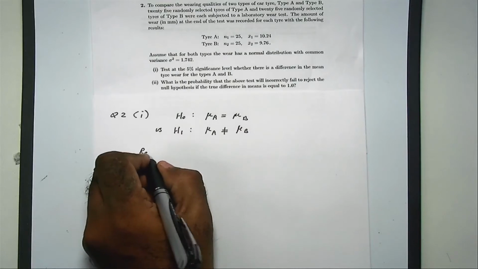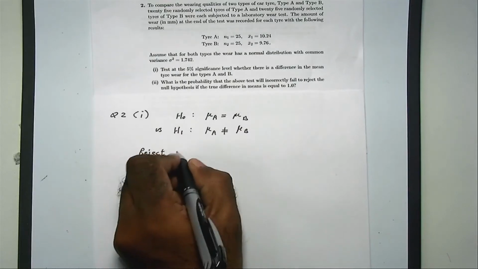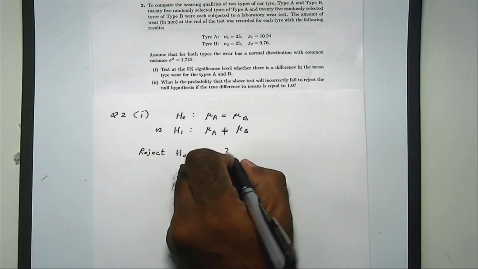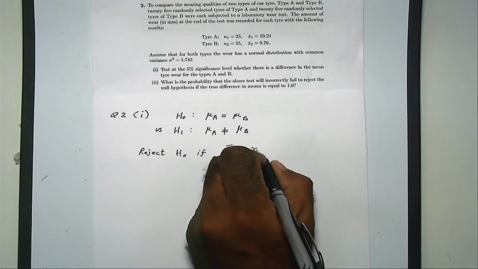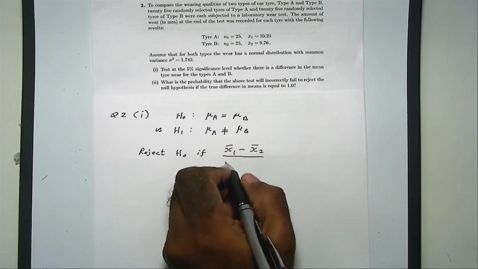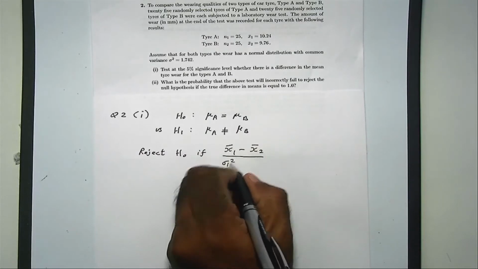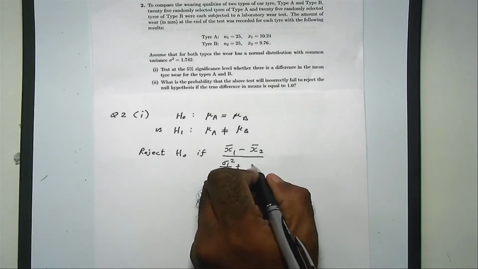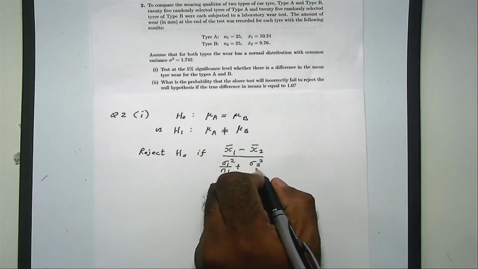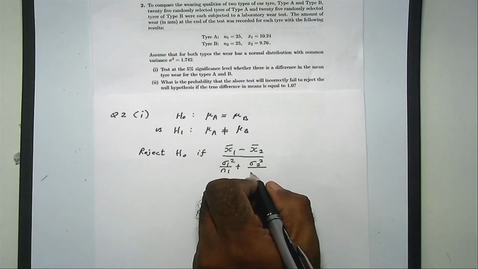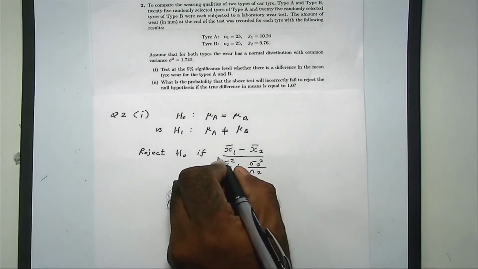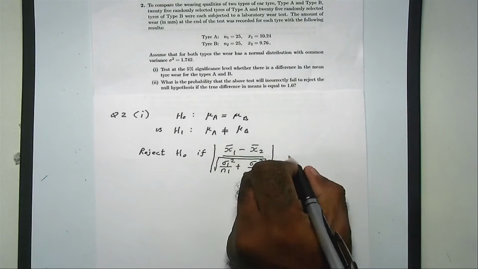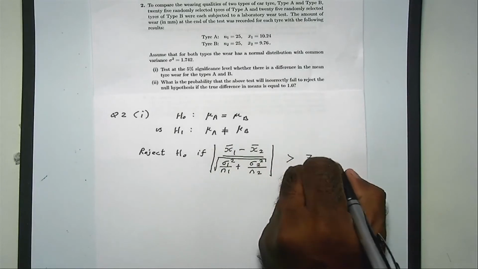You will see that the rule for rejecting H0 is the following: absolute value, greater than z 1 minus alpha by 2.